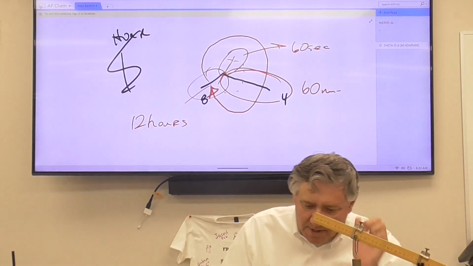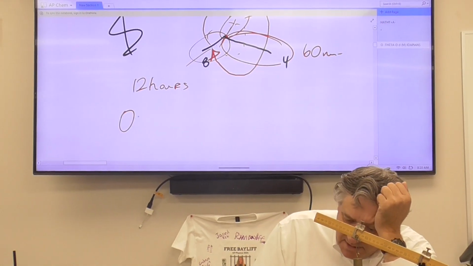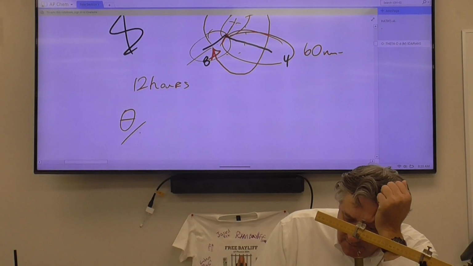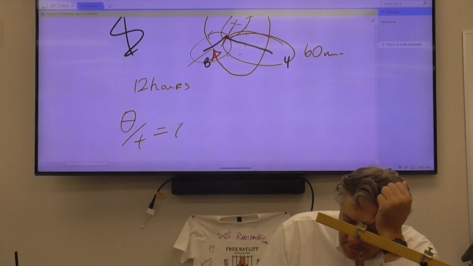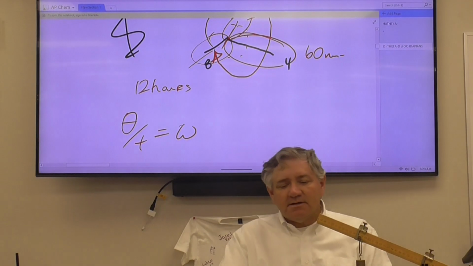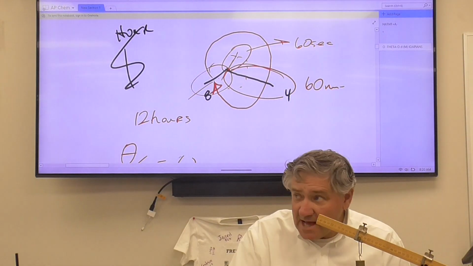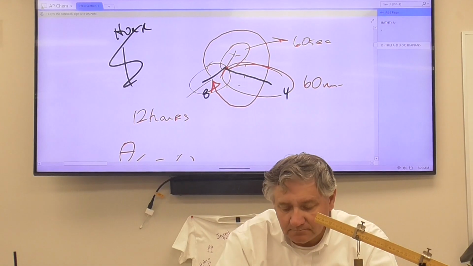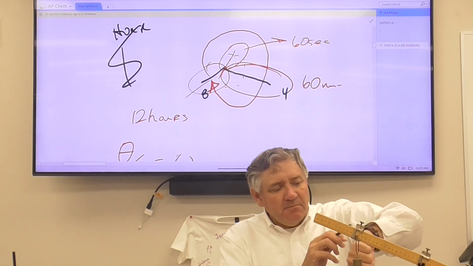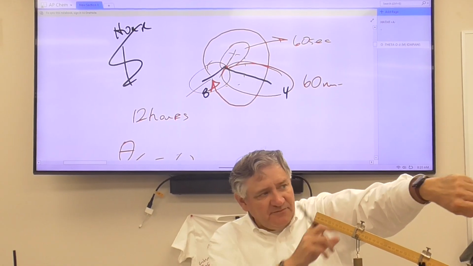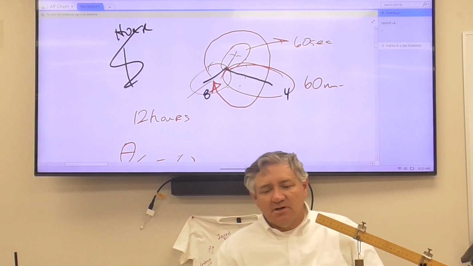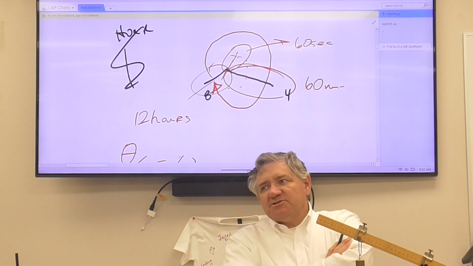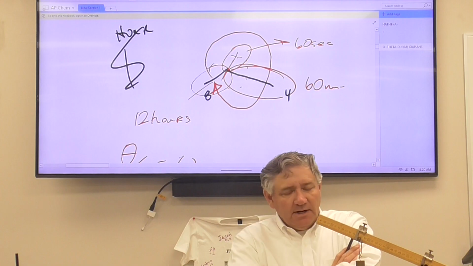2 pi. So you know theta over time is going to equal omega. If that's my wall clock, and I model that same thing off of my watch, would any of those numbers change? Why not?